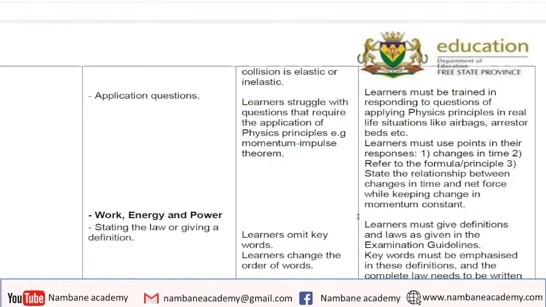According to this formula, keeping this constant, when this changes in this way, this is what will happen to this one. That is how we explain it using physics principles or laws. If you do not do that, then you lose marks. If you do not refer to any law or formula in physical sciences, then to us, you have not said anything. So please be careful.